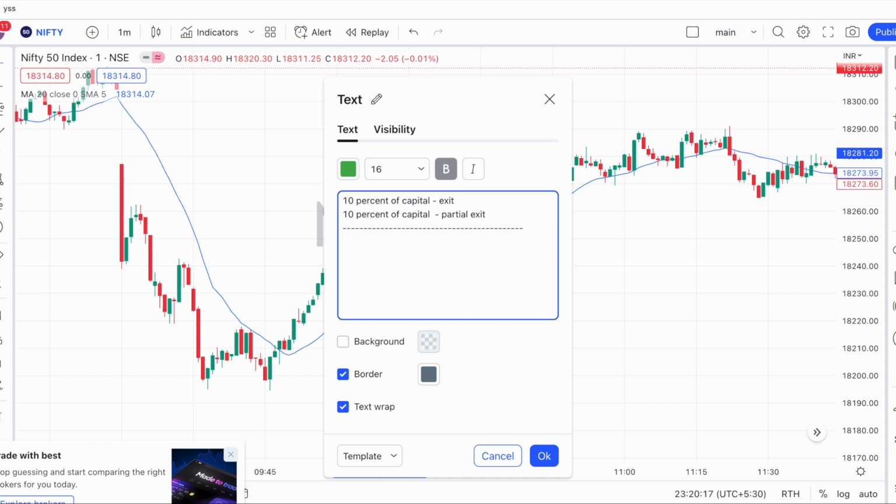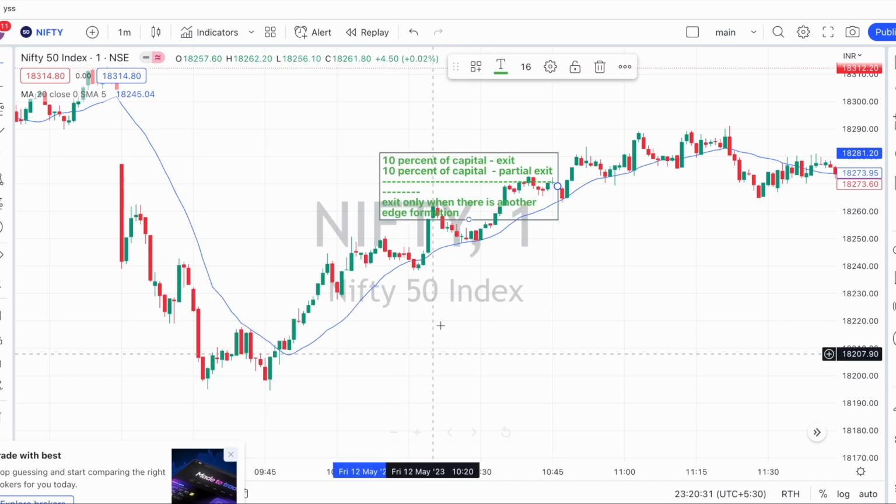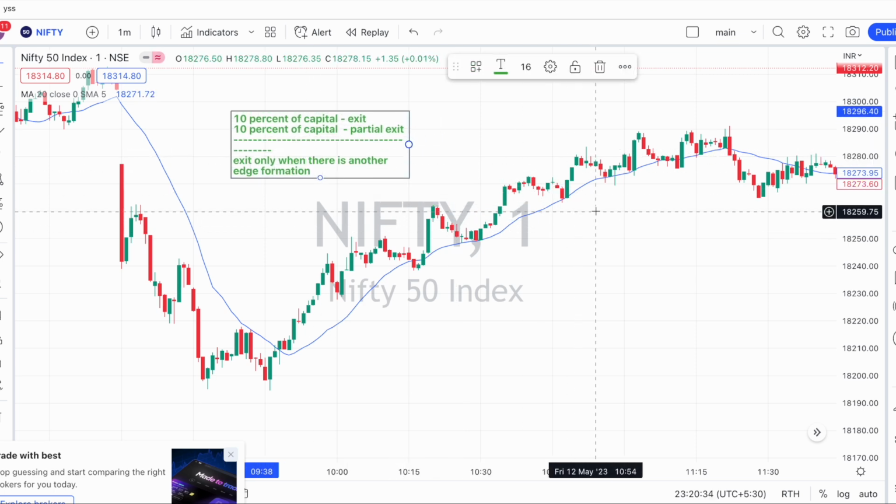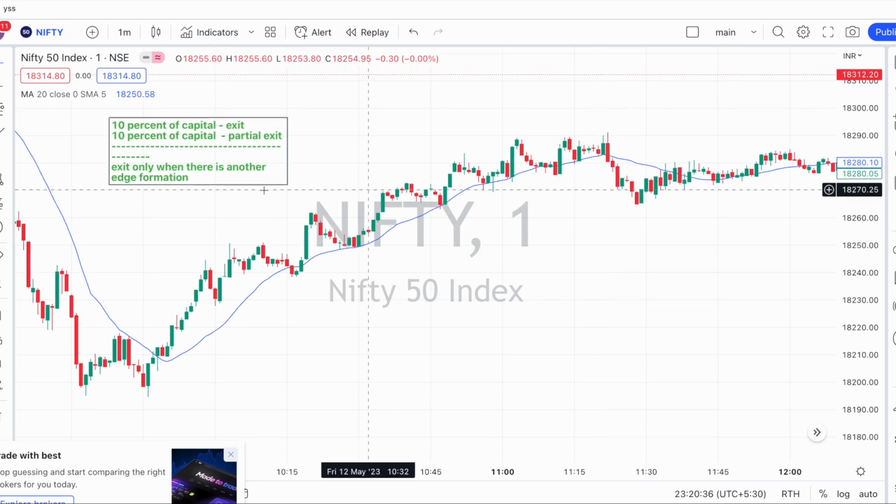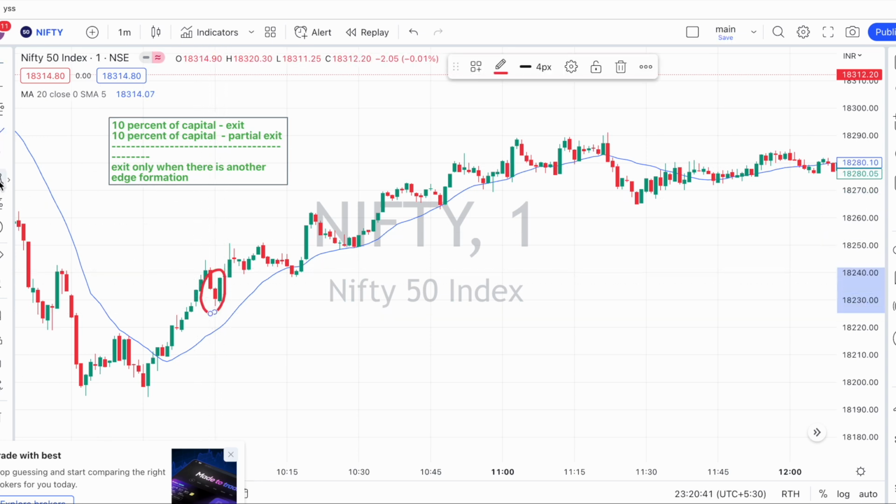Now the second rule is exit only when there is another edge formation. Now what it means, whenever there is an edge formation in a market, let's say you have taken an entry over here and there is a edge formation over here, right?